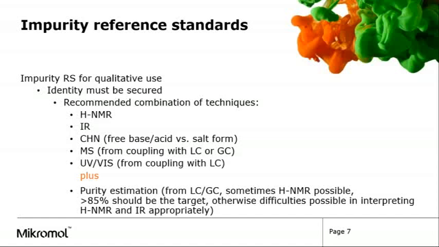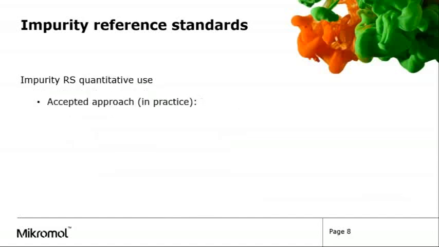Sometimes quantitative NMR can be done for this, but a good target is to have greater than 85% purity. If you're lower than that, sometimes that can create difficulties in interpretation of the NMR or IR spectra because of the presence of other components. So 85% is a good target to have, even for qualitative use.